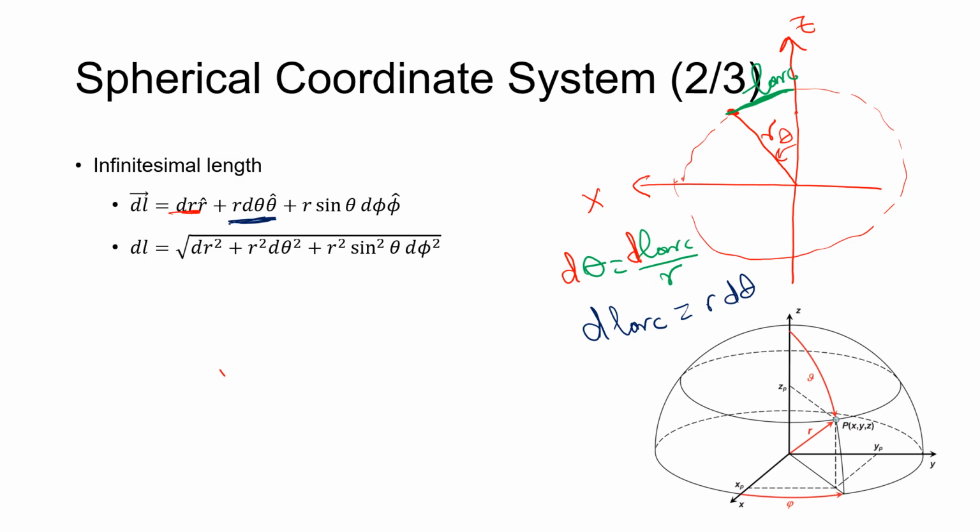Likewise, we need to find the plane where phi exists. From this plot, if we make a parallel to x, say x dash, and a parallel to y, say y dash, this one is actually our phi.